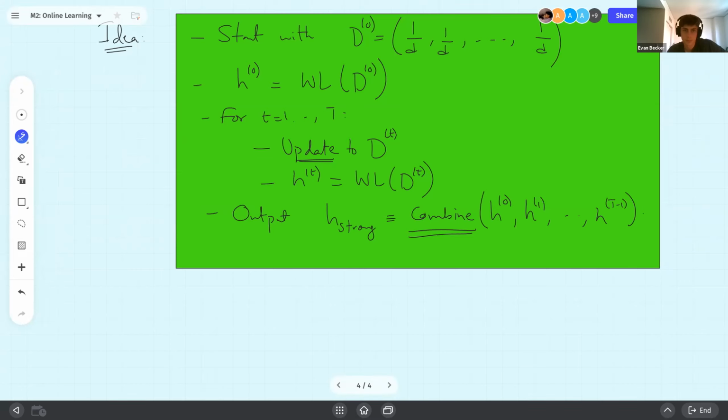In particular, I can think of updating the distributions based on the multiplicative weights algorithm. So what I'm going to do now is set up an imaginary learning with experts game, and I'll use whatever way the learning with experts with multiplicative weights tells me to update the distribution as the way to update the distribution here.